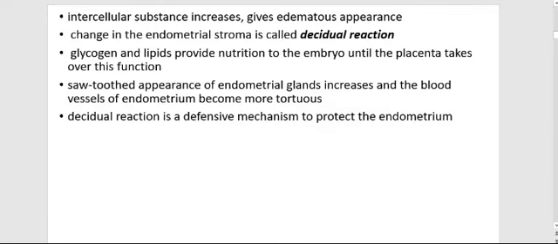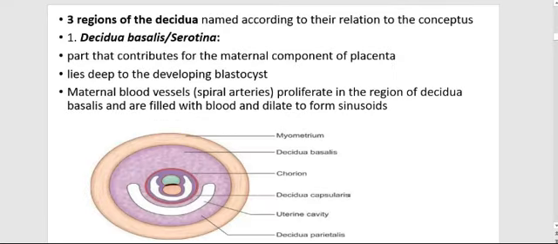Immediately implantation takes place, the endometrium is just called the decidua. Different parts of the decidua will be given different names relative to the position of the blastocyst.